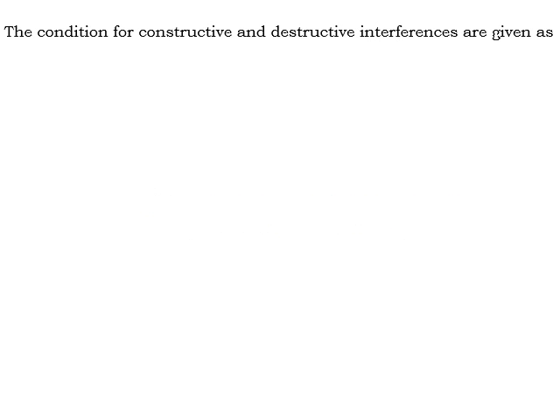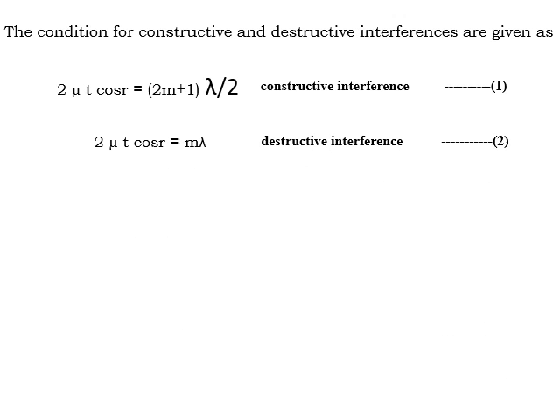You might have seen the conditions for constructive and destructive interference, which are given as 2 mu t cos r is equal to (2m plus 1) lambda by 2 for constructive interference. That is a part of the 10 plus 2 syllabus. Then 2 mu t cos r is equal to m lambda is given for destructive interference.